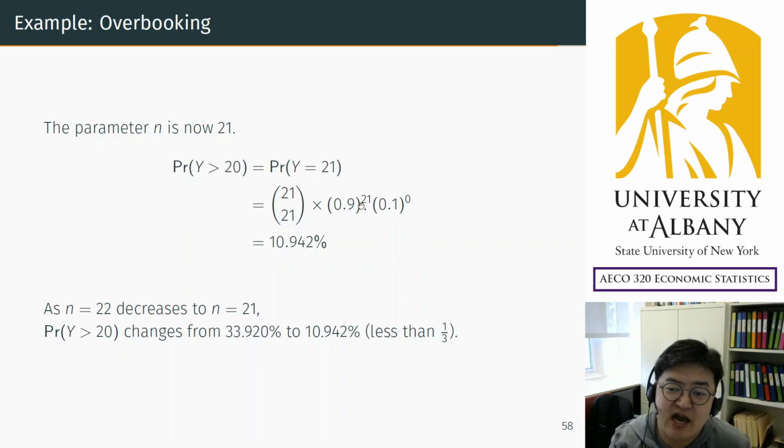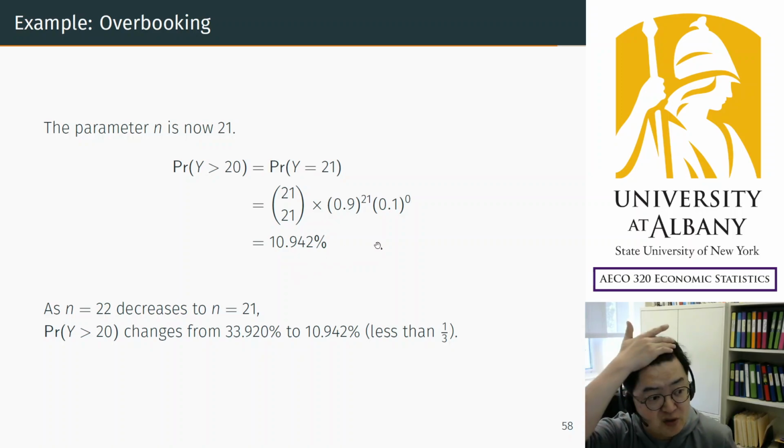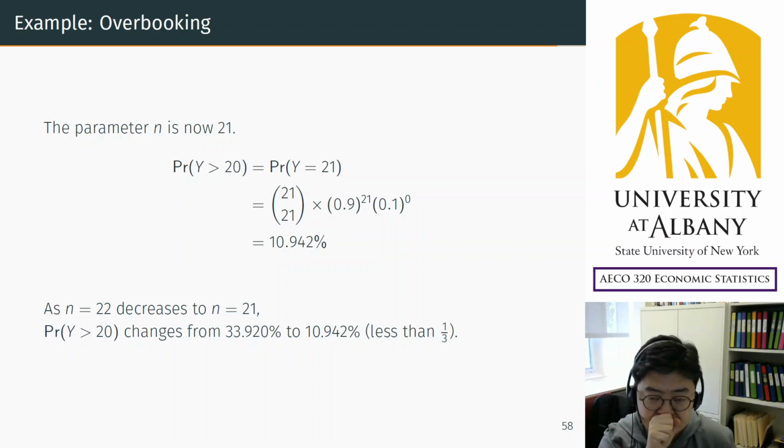So 90% happens 21 times. There is only one scenario for that, which is 10%. Okay, about 10.9%. So then think about this. The calculation is straightforward using the formula. But what I want to show you here is that the change from 20 to 21 could be small, or you may think it's a big change.